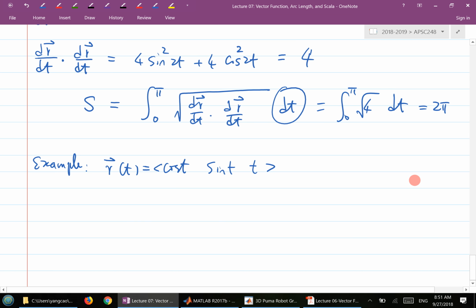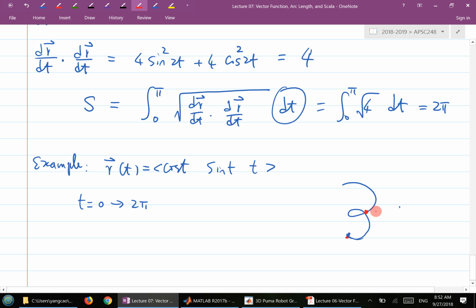Let's just suppose you have a glider, or a spider, moving along this helical curve. It starts here, and I want to calculate the arc length from 0 to 2 pi. So 0 to 2 pi is basically starting here and ending here, right?